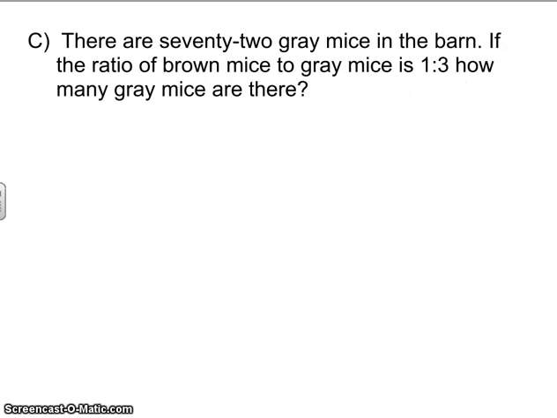And our last one, C. There are 72 gray mice in the barn. If the ratio of brown mice to gray mice is 1 to 3, how many brown mice are there? Let's start with the ratio we are given. What do we know? We know the ratio of brown to gray. And I'm going to label this so I don't get my units mixed up.